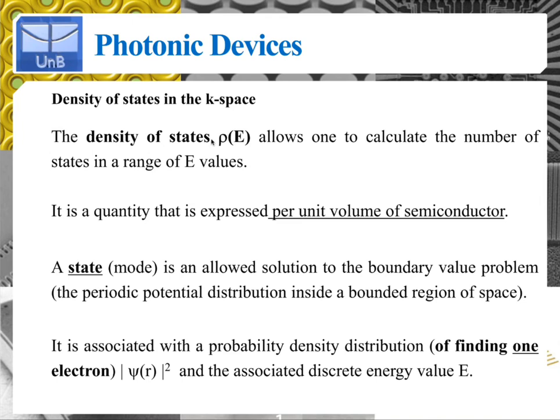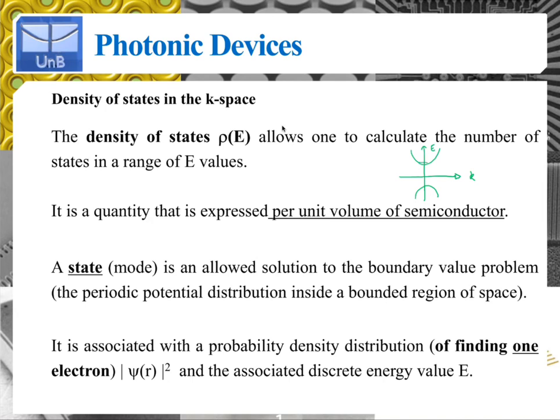The density of states, rho of E, allows us to calculate the number of states in a range of E values. So we mentioned that if you have a band structure, a graph of E versus K, you can have a distribution of states which is not uniform.